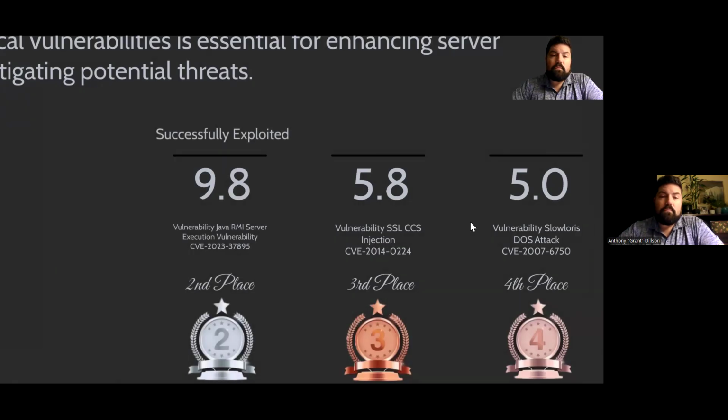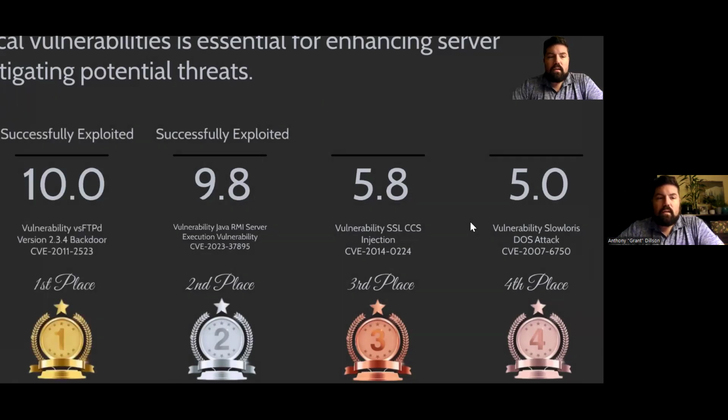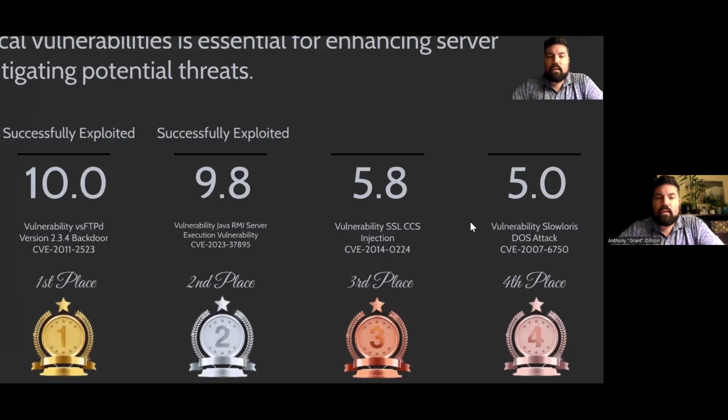Number 2, which you can see was successfully exploited, is a Java RMI server execution. And the 10 out of 10 vulnerability is the backdoor, the vsftpd. Both of these were successfully exploited, and both of them give me root access. We will be taking a look at that here.